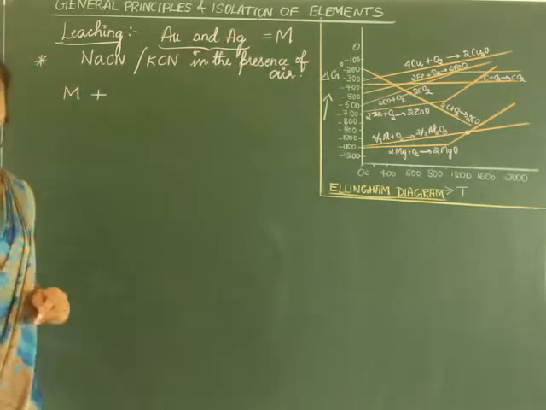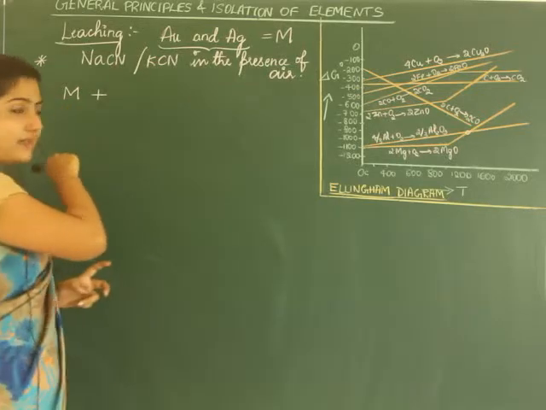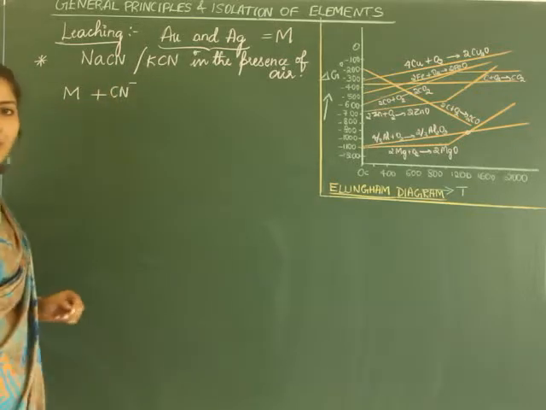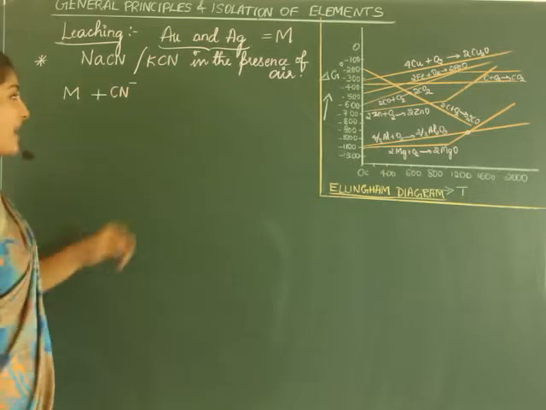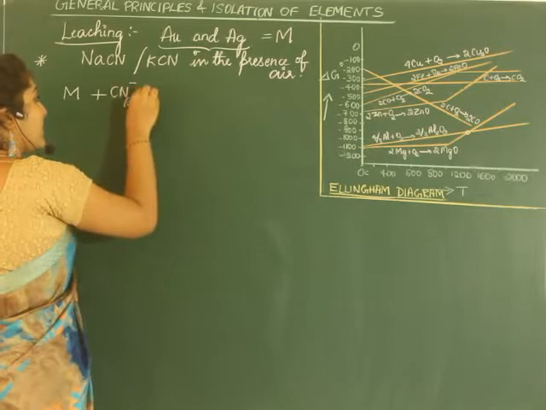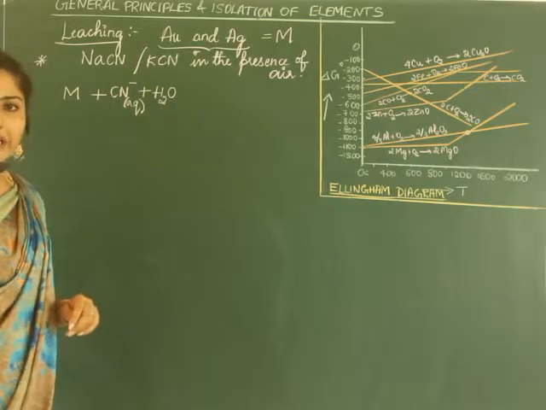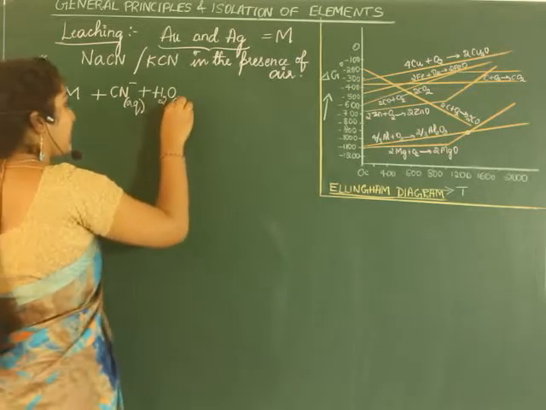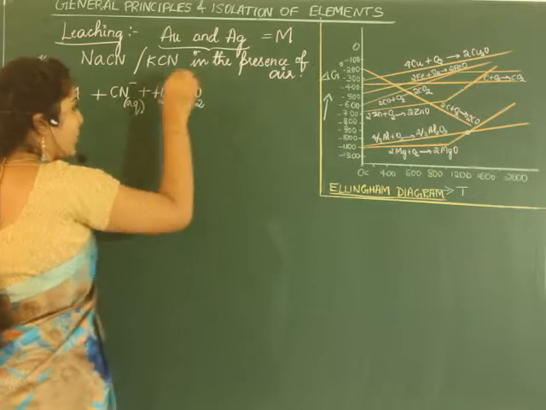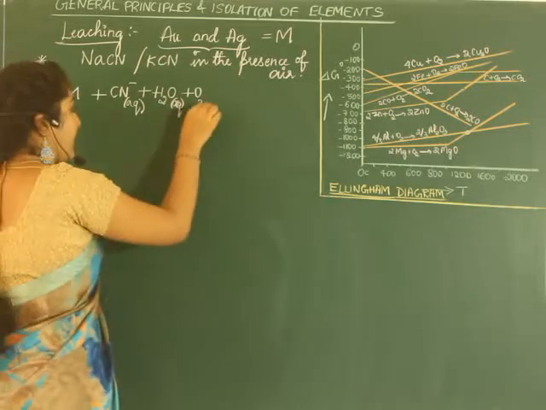So the metal ore is taken, and it is treated with cyanide solution, sodium cyanide or potassium cyanide. Since it is a solution, it is aqueous, so water will be present there, or you can write aqueous here, plus oxygen. In the presence of oxygen it is carried out.